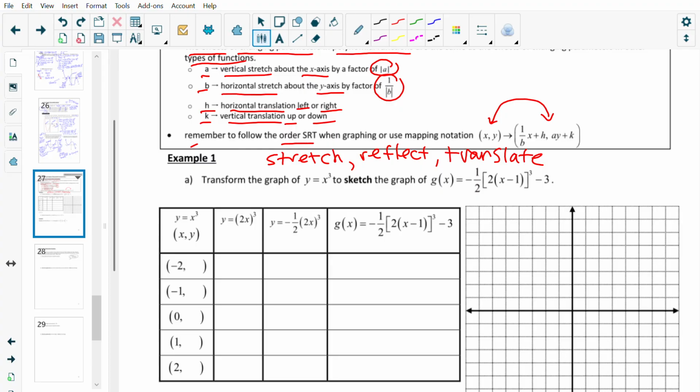Okay, transform the graph of y equals x cubed to sketch the graph of g of x equals negative 1/2 times 2 times x minus 1 in square brackets cubed minus 3. We start with our base function, y equals x cubed. Let's pick these points: 0, 0, 1, 1, 2, 8.